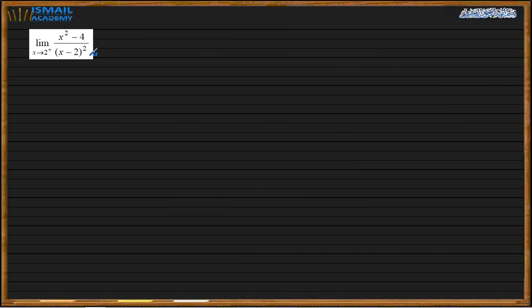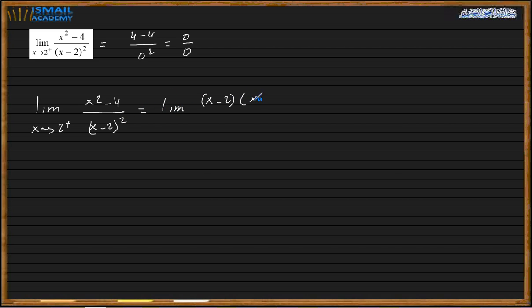All right, for this one, when I substitute 2, I get 4 minus 4 over 0 squared, which is 0 over 0. So I factor the numerator. I have the limit when x goes to 2 plus of x squared minus 4 over x minus 2 squared, which equals the limit of x minus 2 times x plus 2 over x minus 2 times x minus 2.